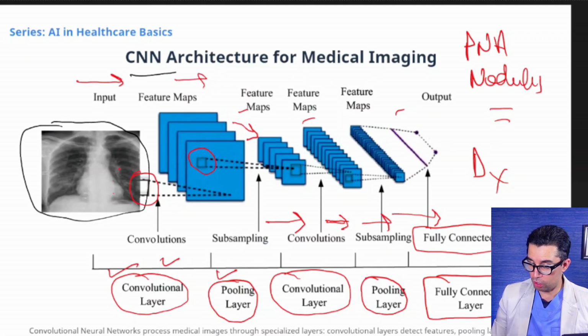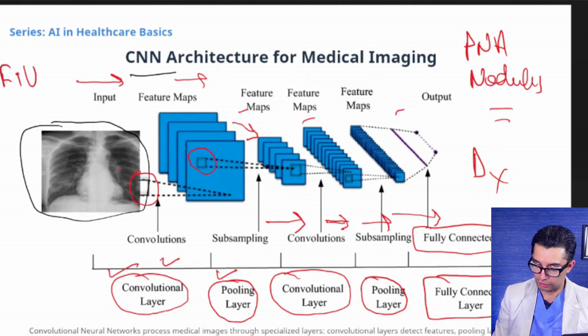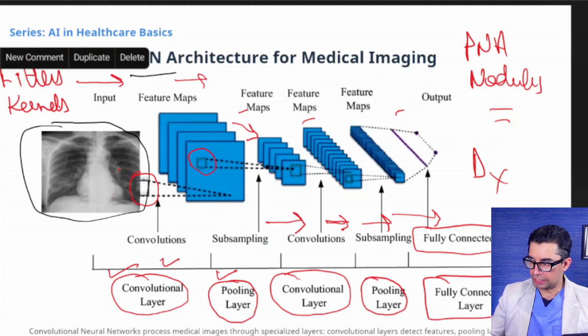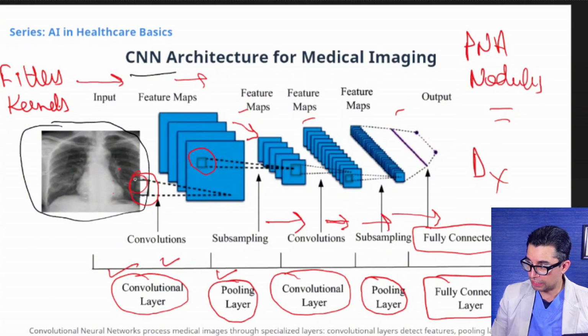Then there's something called filters, also known as kernels. In a neural network, these are like small magnifying glasses that slide across the image, and they look to find specific patterns or features. Now, they can be bigger and smaller, and they also affect your model training and the output.